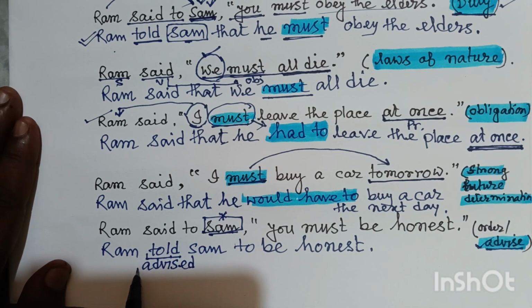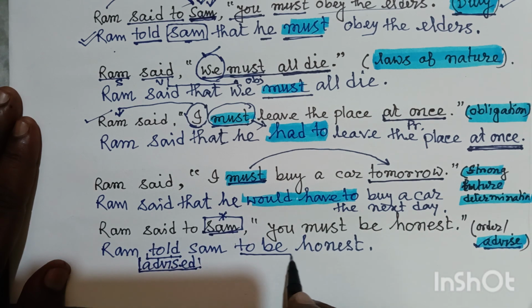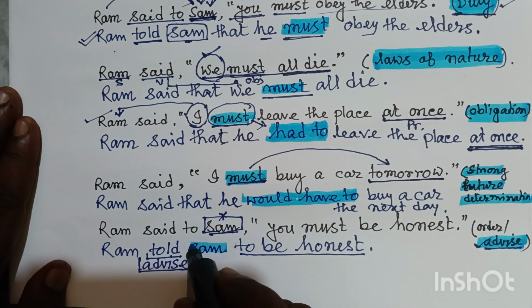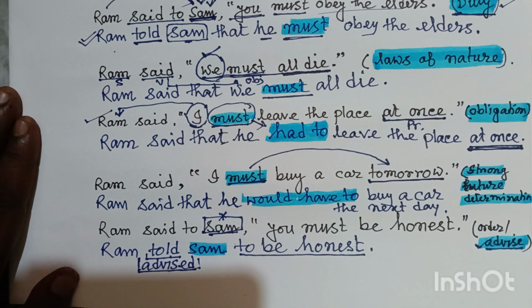Better we should use the term advised. Ram advised Sam to be honest. It is the advice of Ram. Whether Sam will accept this or not, that is not necessary here. This is the advice. Sam may listen to it or not.